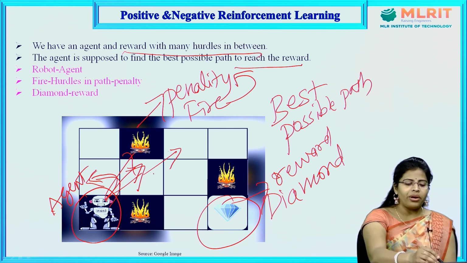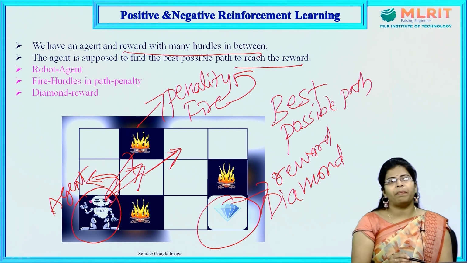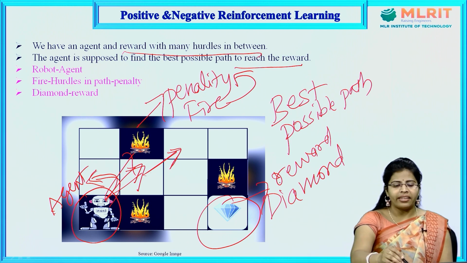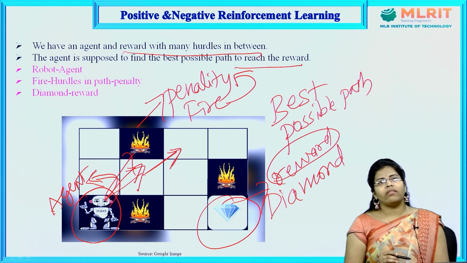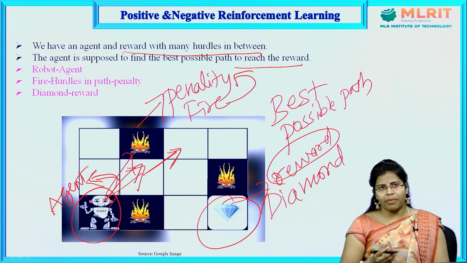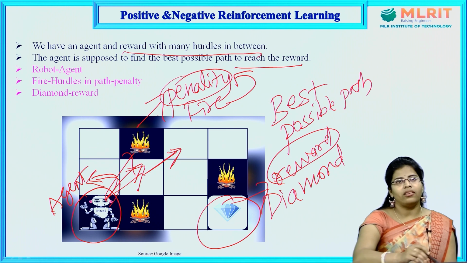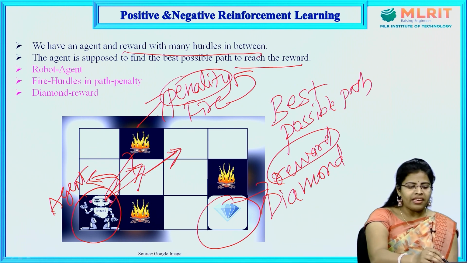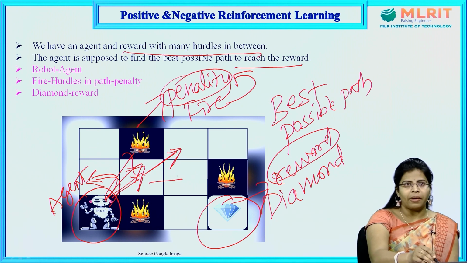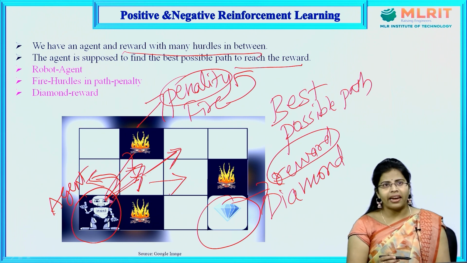Whenever he selects the correct path, he is going to get the reward for it. Whenever he selects the wrong path, he is going to get a penalty for that. So based on that, he is going to select the correct path on a trial and error basis.